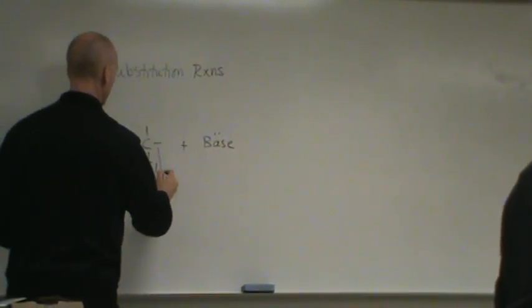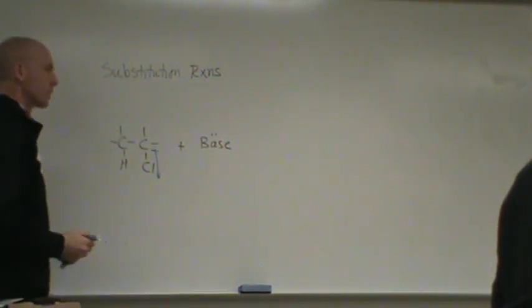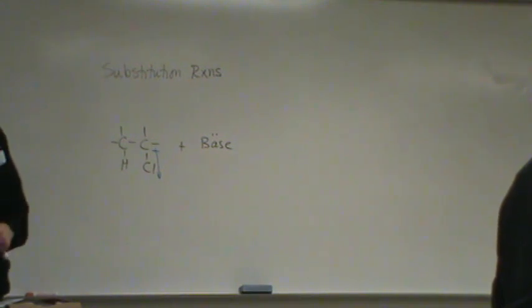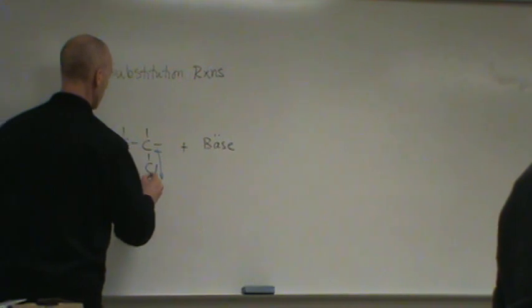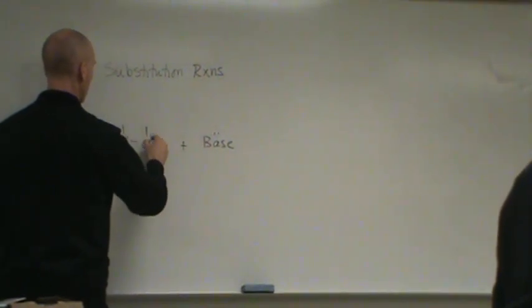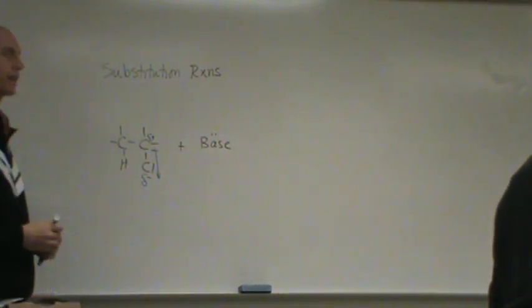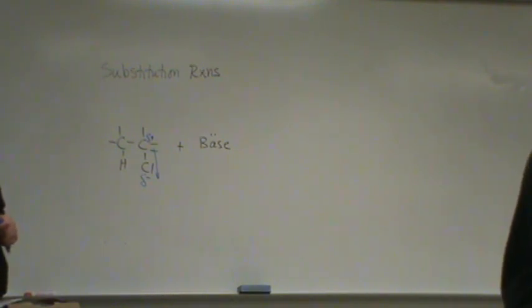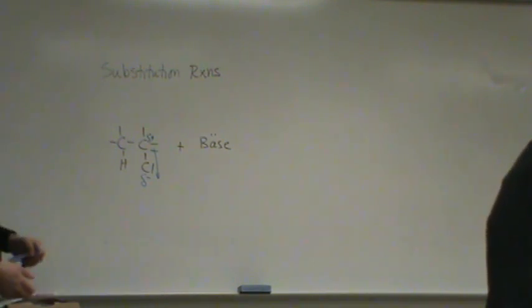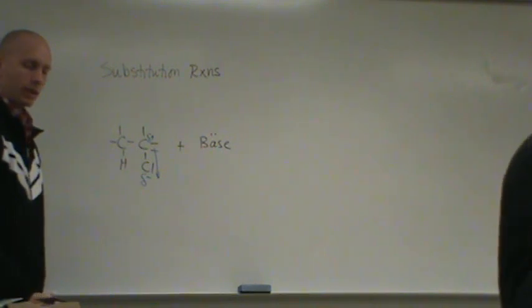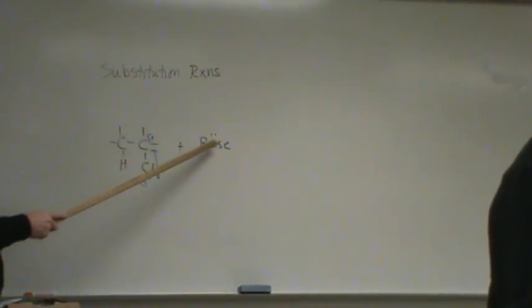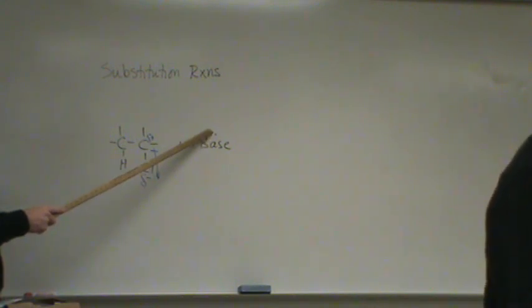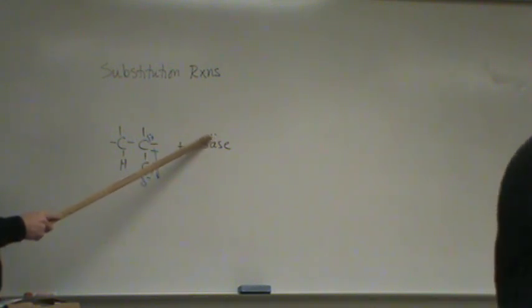Right here. So when you have a dipole moment, what else can you draw? Partial charges. So I got a delta minus here and a delta plus here. Okay. So if this base was going to do a substitution reaction, where do you think it's going to attack?